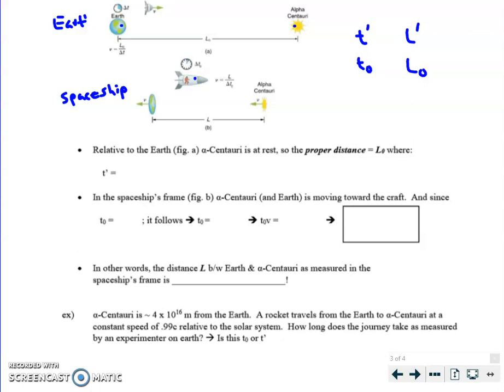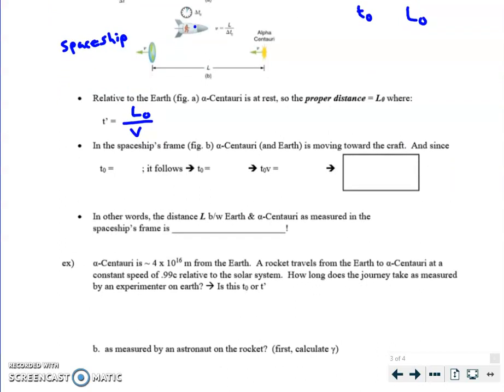The clock is on the spaceship, so that's why it's T prime. But that's going to be L naught, the distance as measured by us, which is the proper length, divided by how fast the spaceship is going, which is V. Well, that's a simple equation. It's not immediately obvious that the time would be T prime and the length would be the proper length. So review that, and if you have questions, you can always ask.